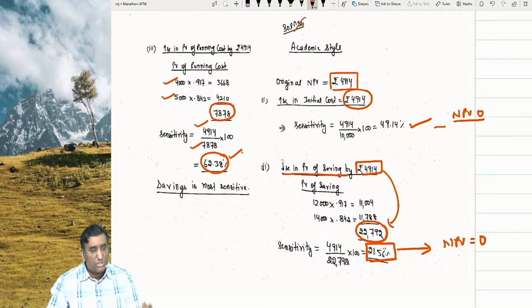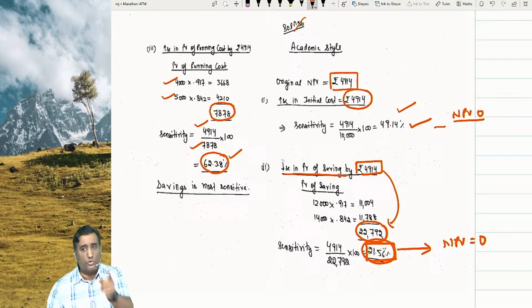This needs a 62 change, this needs a 49 change, and this has to change only by 21. That means you touch something and it quickly changes. That's called most sensitive. Whichever factor makes NPV 0 faster is more sensitive. Is that fine?